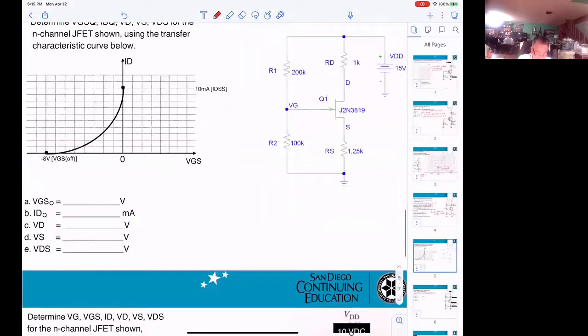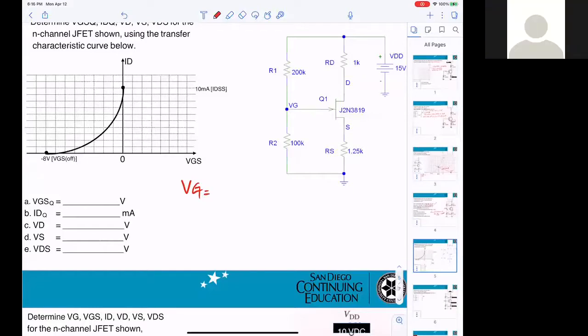That's different. Okay? So, who can tell me what the current ID is? I only need ID and VGS. So what you need to do is calculate the VG first. What does VG equal? Okay, 5 volts.